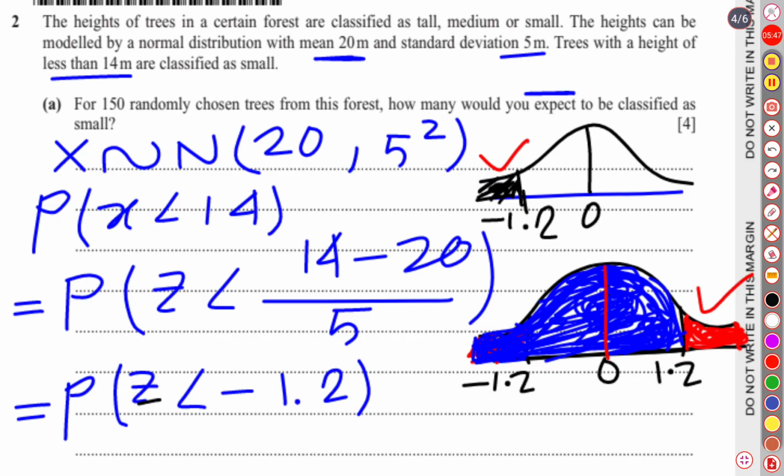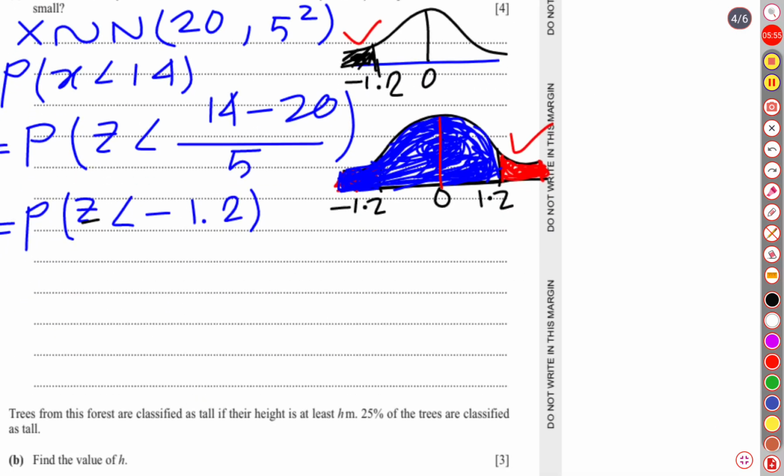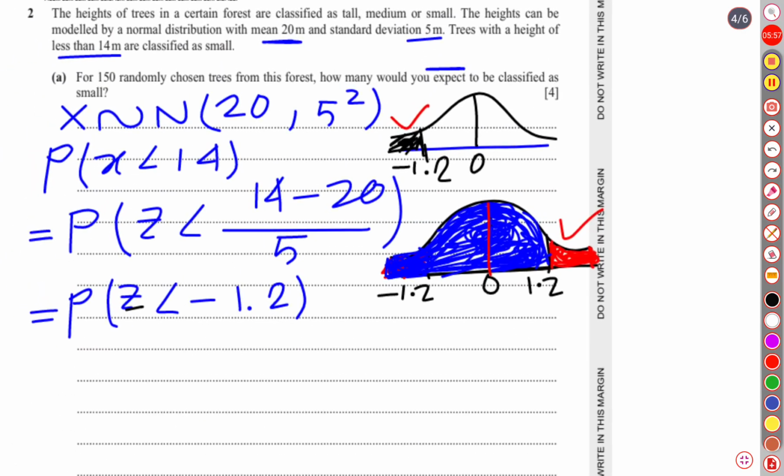So for this, we are going to write here the probability of Z less than negative 1.2 is 1, the whole probability, minus the left part. Total probability is always 1, and from 1 we subtract the left part. So for the left part we will write Z less than 1.2 instead of negative 1.2.